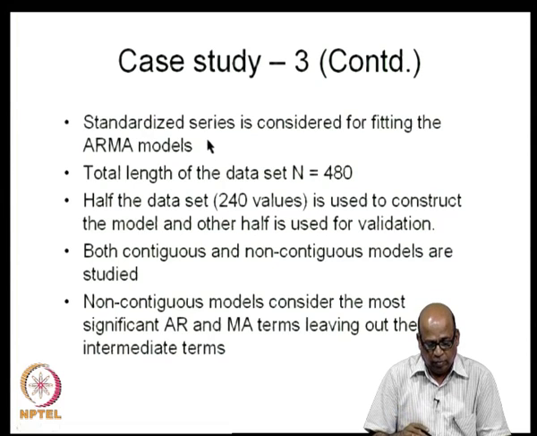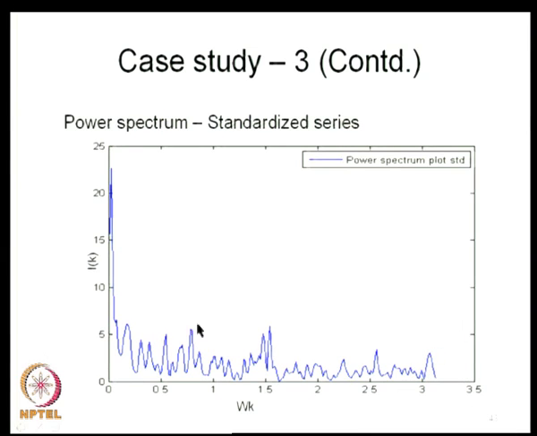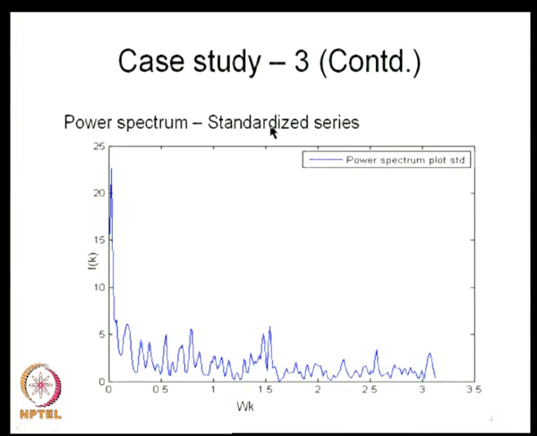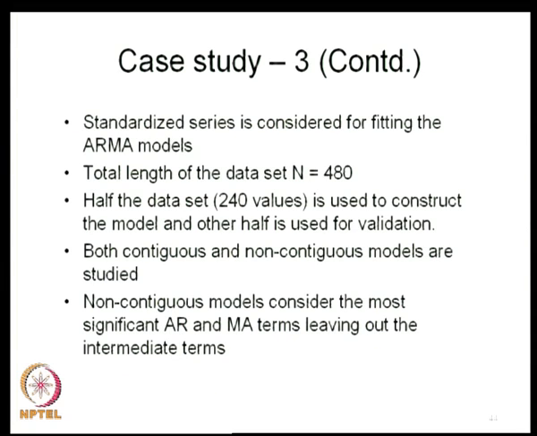So, what we now do is that we have removed the periodicities, but there are certain correlations present in the data. There are certain significant correlations present in the data. We use now the standardized series and use the fact that it does not have any significant periodicities present.